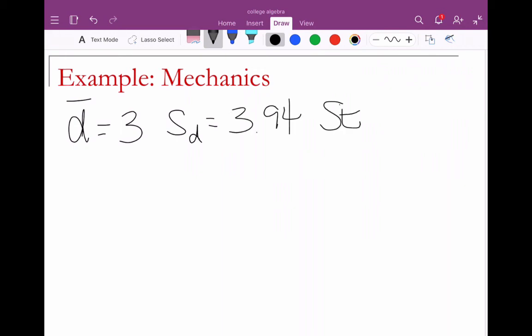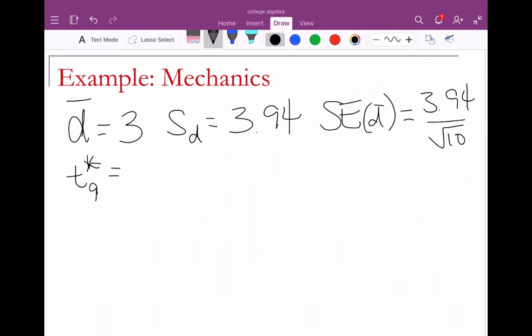So the standard error of the differences is 3.94 divided by the square root of 10, where my degrees of freedom is 9. To find my critical value, I have 9 degrees of freedom and I want a 95% confidence interval, so I could use the table in the back of the book and come up with 2.262 for my critical value.